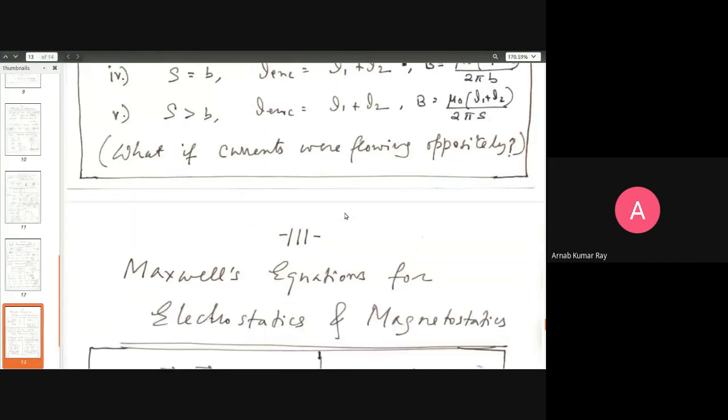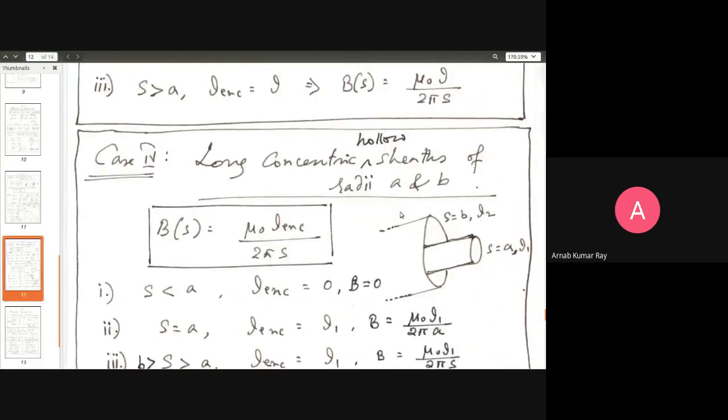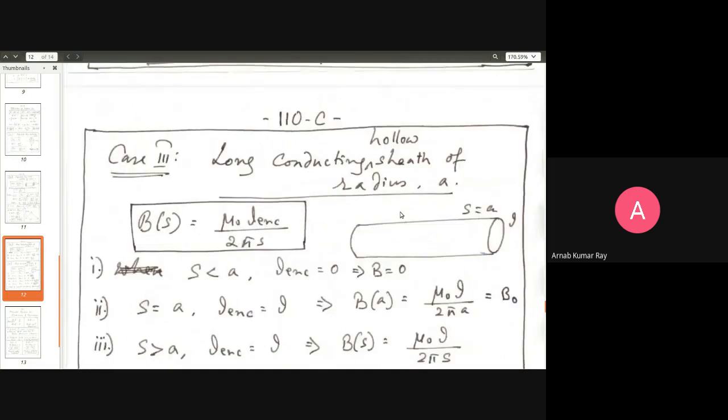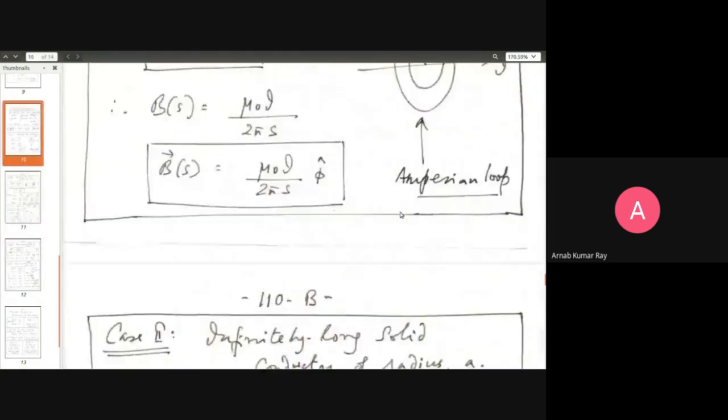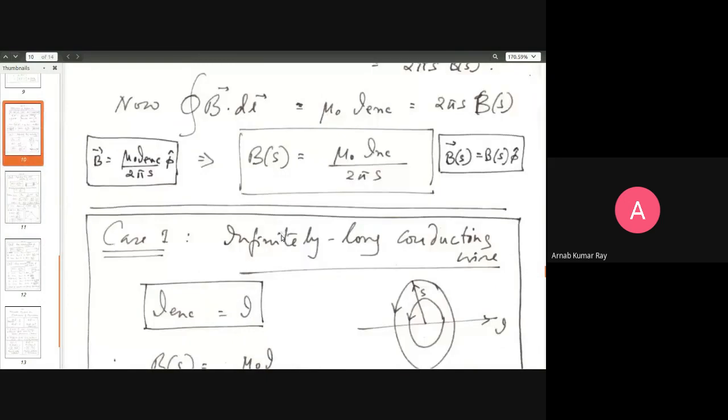Now let us discuss a few issues. Maxwell's equations. We have discussed 4 cases, and you can make up as many cases as you want. But these are some basic ideas I have discussed. What are the 4 ideas? Amperian loops are far simpler than Gauss surface problems. And if you have understood all that clearly, then you should have no difficulty understanding all these things.